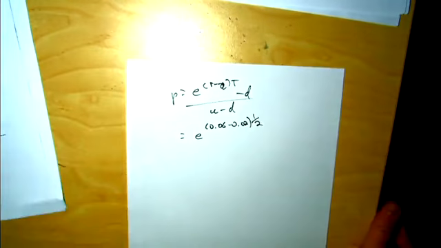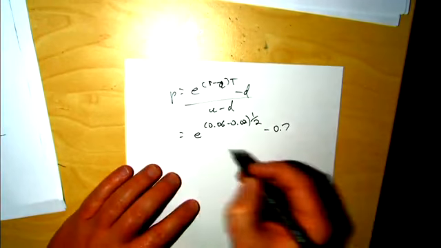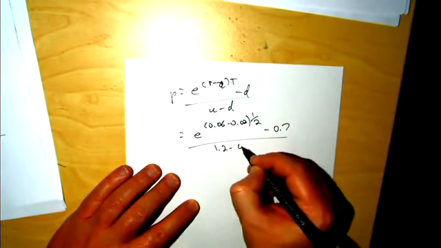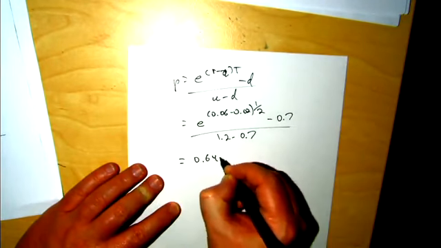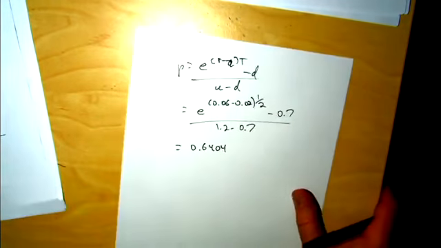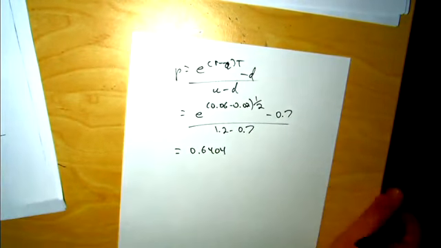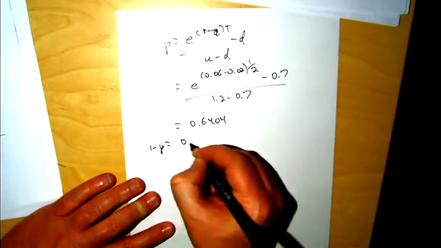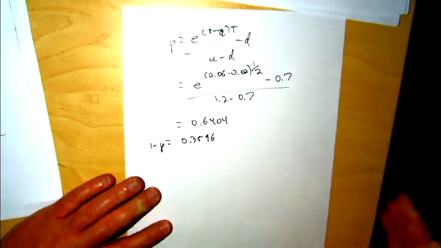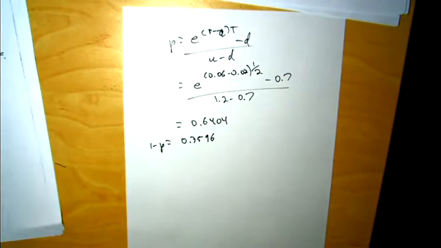Now it's only a 1-step tree, so it's 6 months, minus d of 0.7 divided by 1.2 minus 0.7 to give me 0.6404. So remember, when you calculate P, just round to 4 decimal points. Okay, you don't need to keep all the decimal points after that. And 1 minus P is therefore 0.3596. Okay, just 1 minus 0.6404.